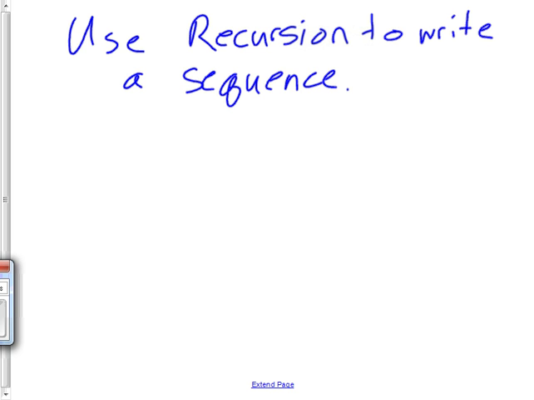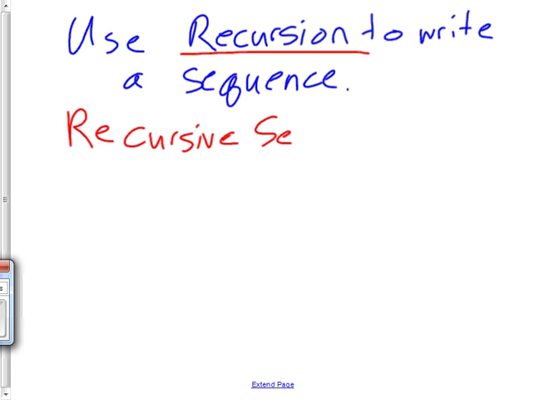Use recursion. So everything that we've been doing in this is writing recursive sequences. And what does this word mean?